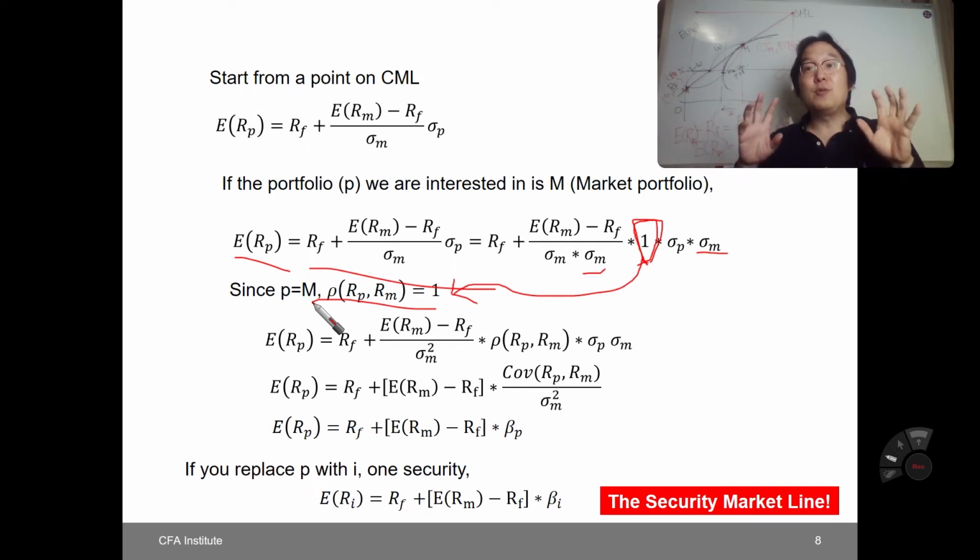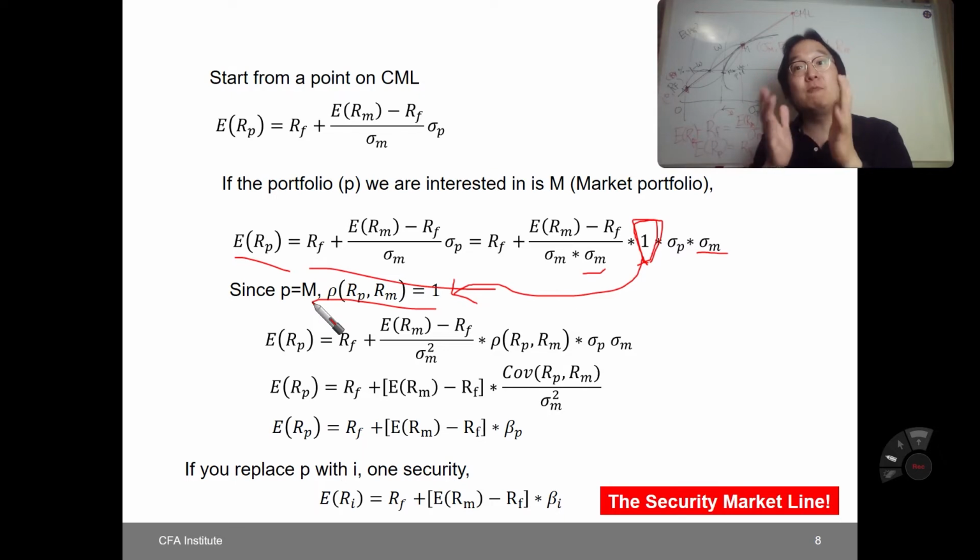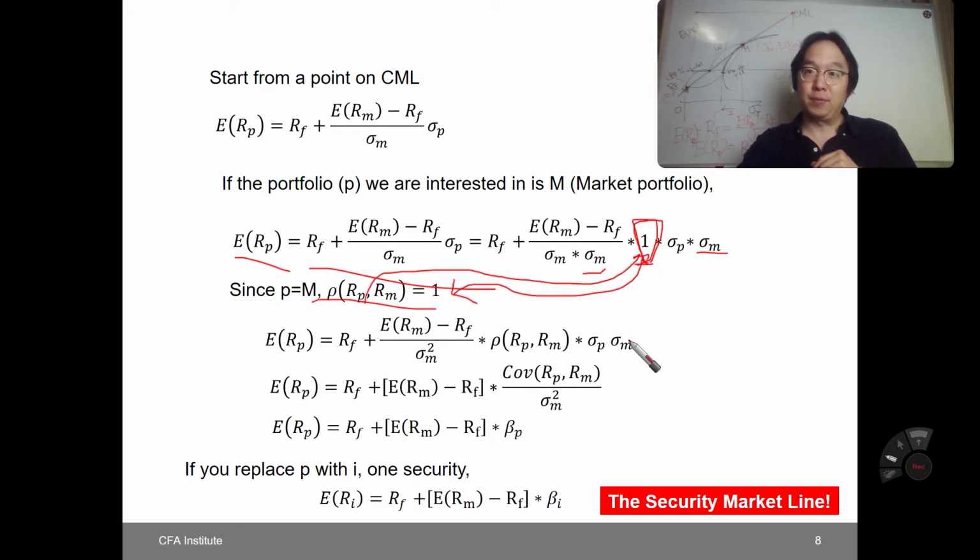But instead of using the notation of M for this portfolio, we are just using P, right? And as it turns out, this is an identical portfolio, so much so that the correlation between these two will be 1. They are identical, the same one. So that's why we bring in over here 1, and then we are going to replace, stick in this. And number 2, we bring in sigma m.